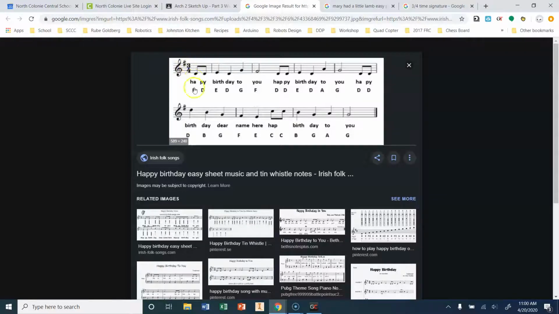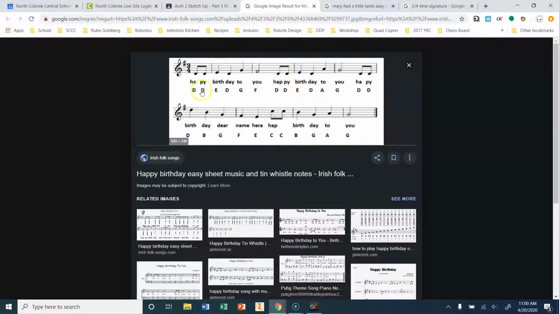Again, I'm not a music person, but a 3/4 timing means that for every measure, there are 3 quarter notes. So here's 1, 2, 3 notes for this measure, and then the next measure here, this is a half note, and then these are 2 eighth notes to make up the extra quarter. So half plus an eighth is 3/4.